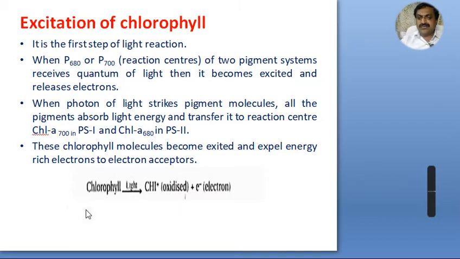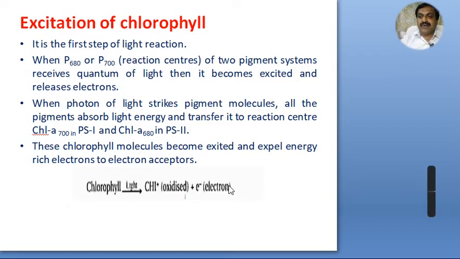All the pigments absorb light energy in the form of photons, and the chlorophyll now gets extra energy, moves to the excited level, and remains there for 10 to the power of minus 8 seconds. During that period, whatever amount of light energy is received by the chlorophyll molecule will all be converted into chemical energy.